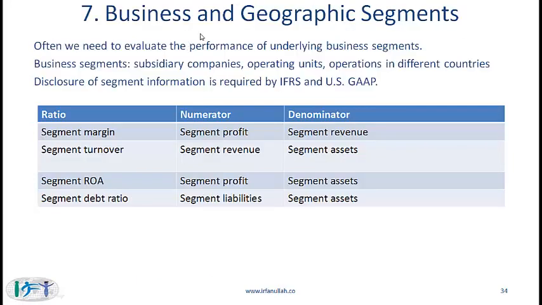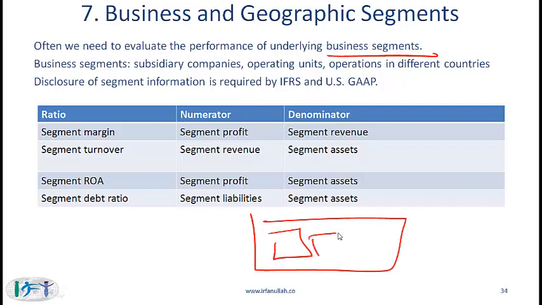Business and geographic segments. Often, as an analyst, we need to evaluate the performance of underlying business segments. If you take a business like General Electric, this operates in several different segments, and you want to evaluate how each segment is performing.